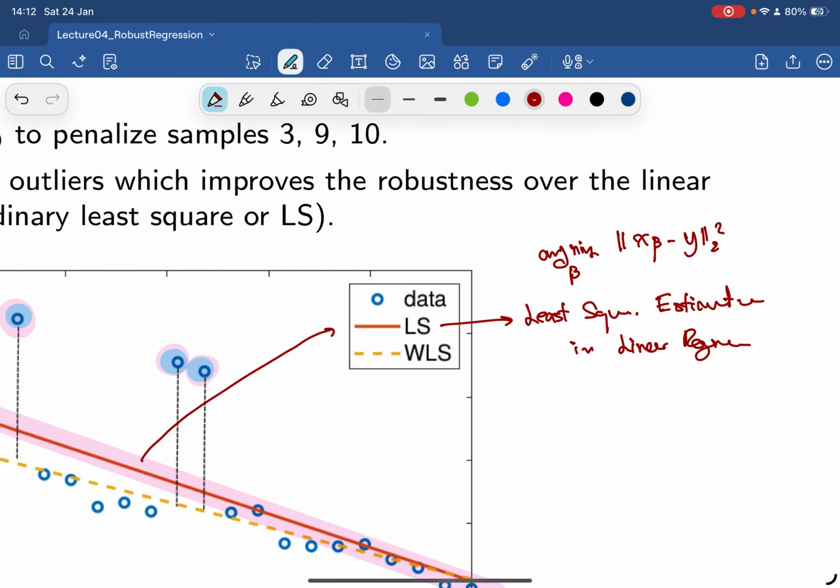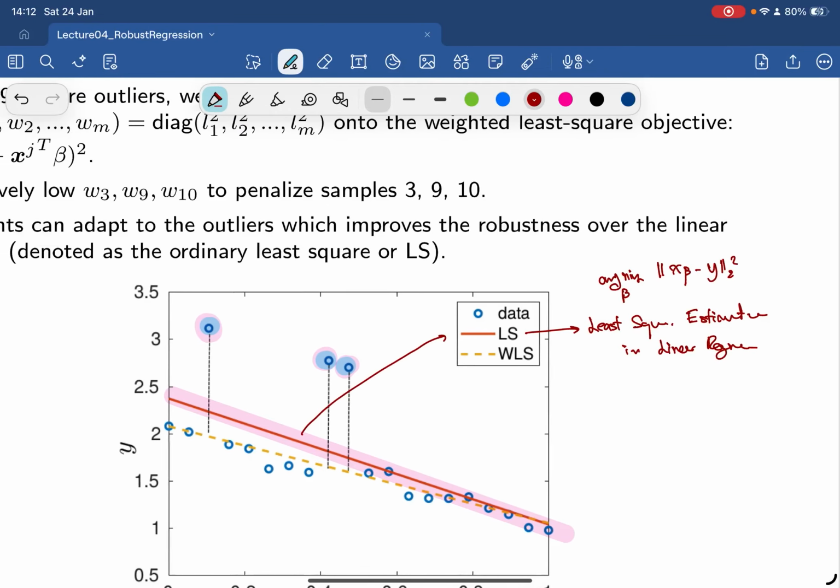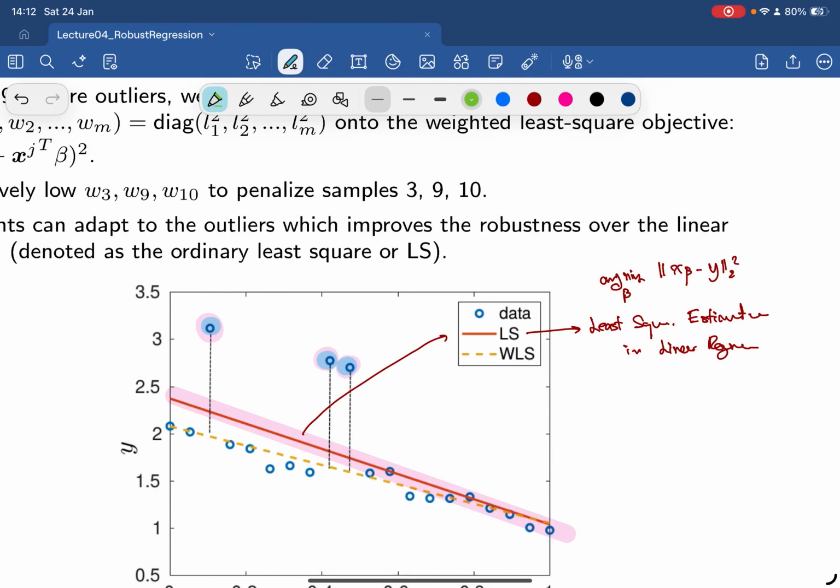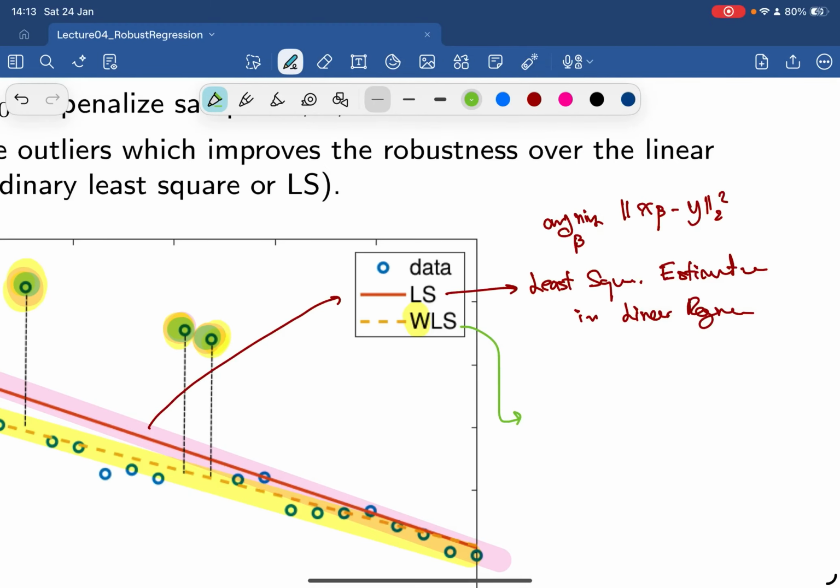Yep, right. But if you use the weighted least square, and you know roughly where those outliers are going to be, and you put a very low weight on these points, then you can get the dashed line below here. And therefore you can see the difference between weighted least square versus the generic least square.